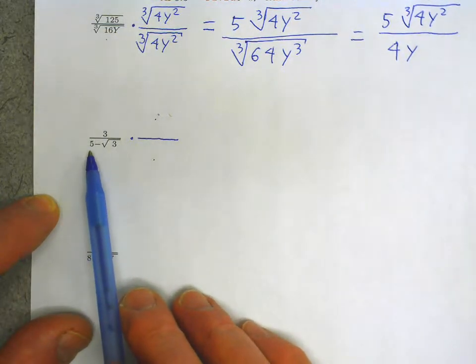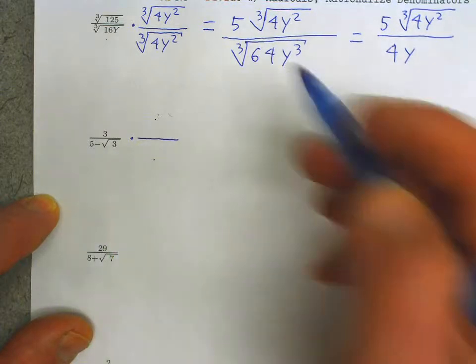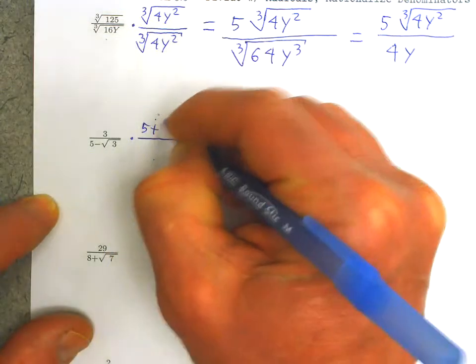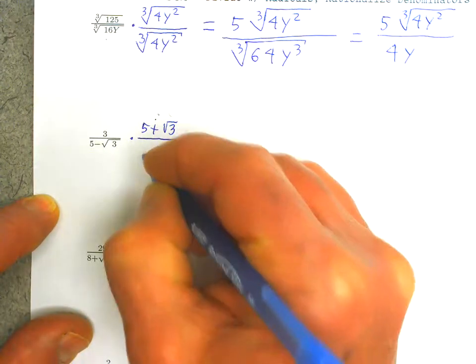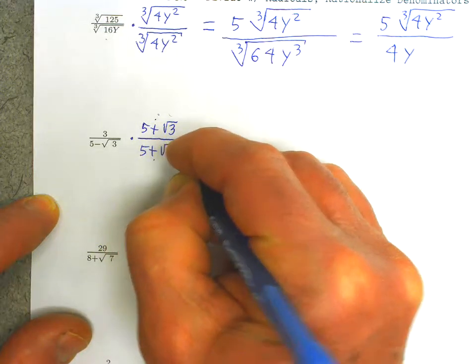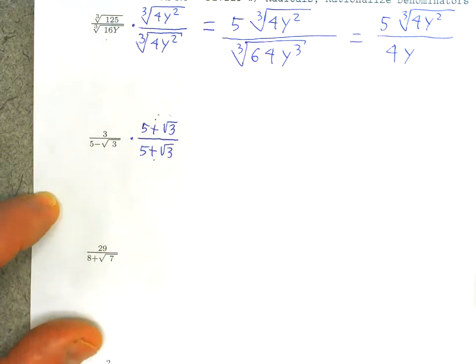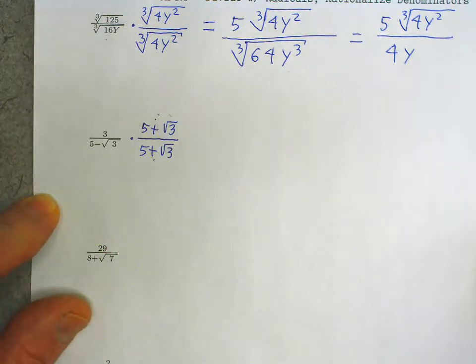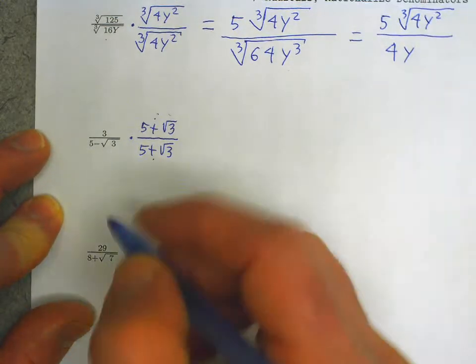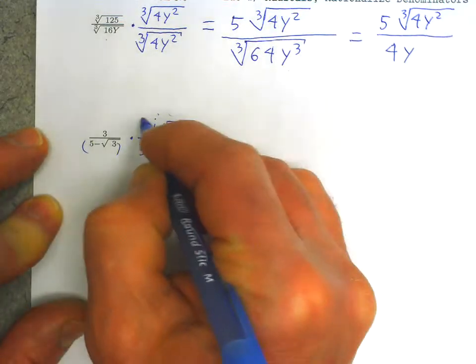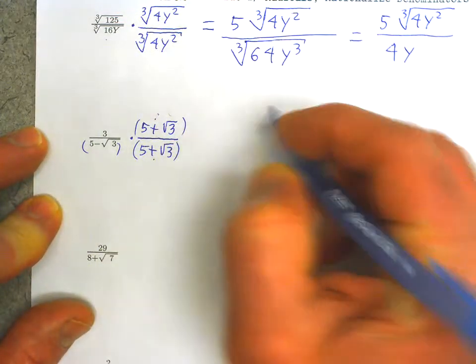The conjugate of 5 minus the square root of 3 is 5 plus the square root of 3. So we divide by 1 in the form 5 plus the square root of 3 divided by 5 plus the square root of 3. So now we just multiply.